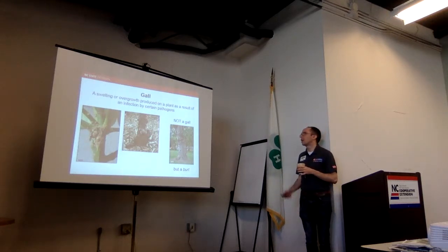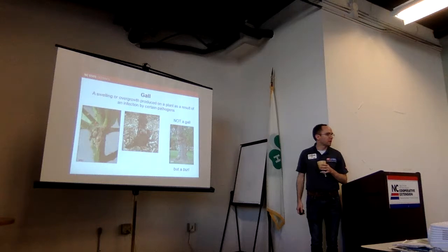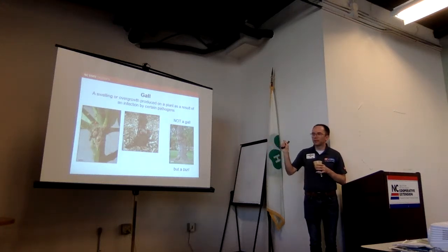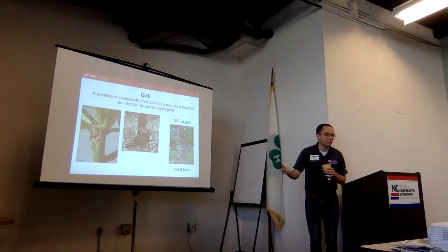There is a common one in grapes called crown gall. This is caused by a bacterium called Agrobacterium tumefaciens, and the bacteria will insert a gene into the plant genome that will induce a series of hormone reactions, and then cause it to produce basically a food supply for the bacteria.